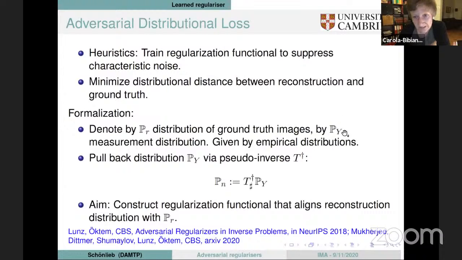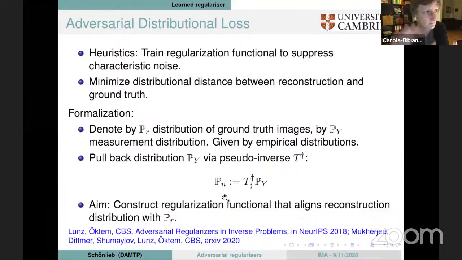And now these measurements I somehow want to turn back into images, into typical images that I can now compare with the ground truth. And so to do that, I take samples from this distribution of measurements and I apply the pseudo inverse. Assuming that I have a pseudo inverse for this problem, I apply it and I create a new distribution Pn.